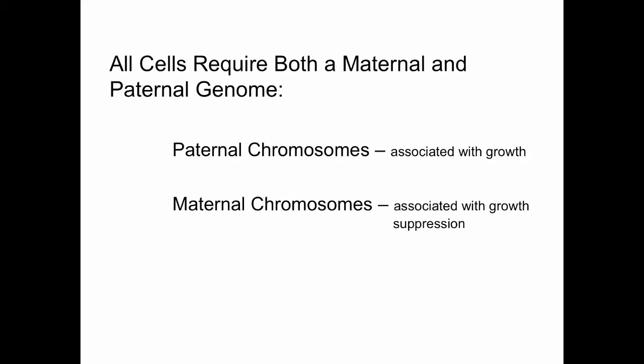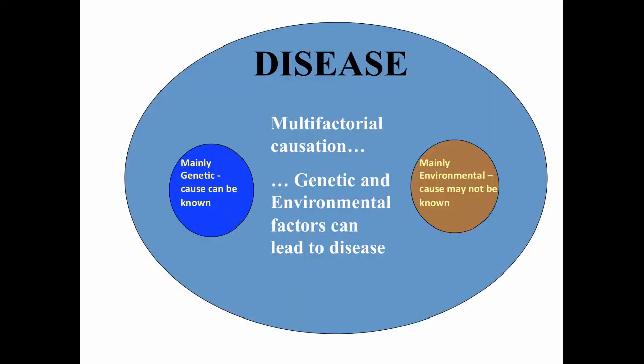And I think you appreciate from embryology that all cells require both maternal and paternal chromosomes for normal development. Usually we associate genes on the paternal chromosomes with growth, and genes on the maternal chromosomes with growth suppression.